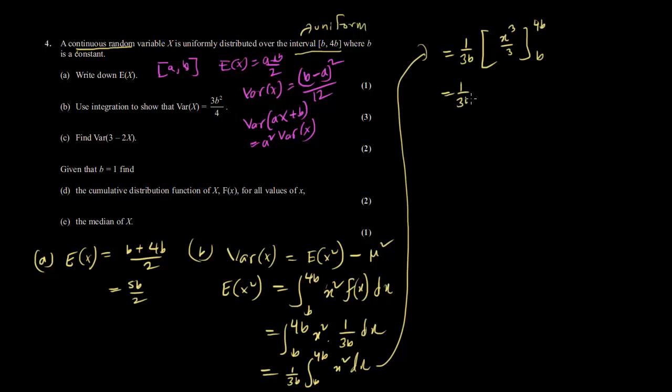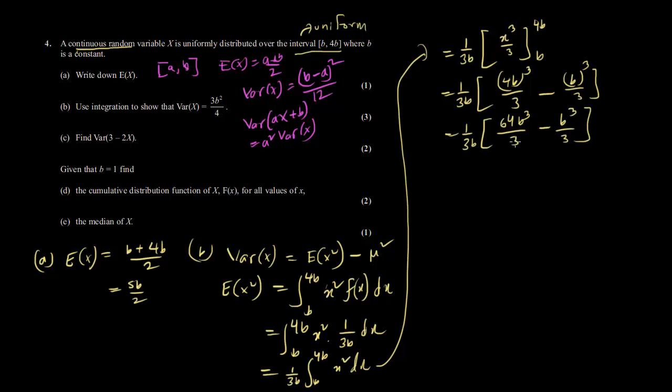So we can write 1 by 3b. If we put the value of 4b, it would be 4b whole cubed by 3, minus, if we put b over here, it would be b cubed by 3. So 4 cubed is 64, then we have b cubed divided by 3, minus b cubed divided by 3.